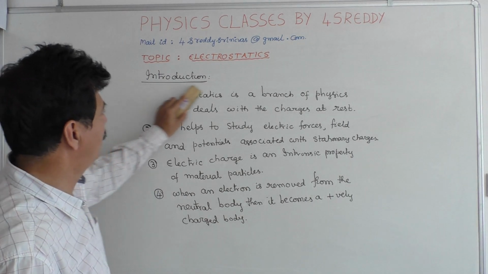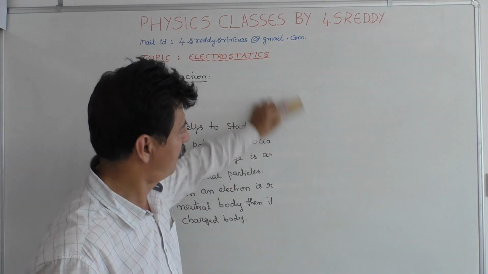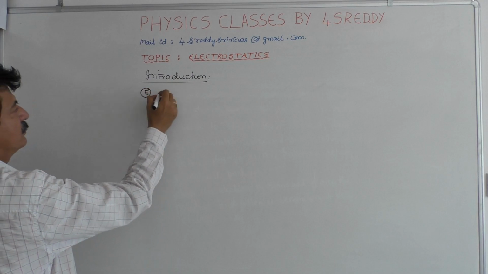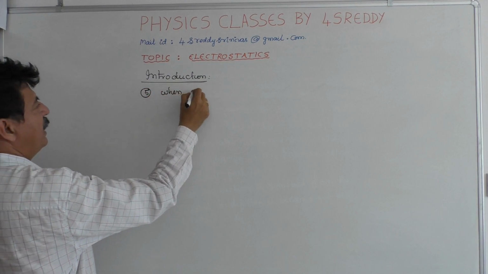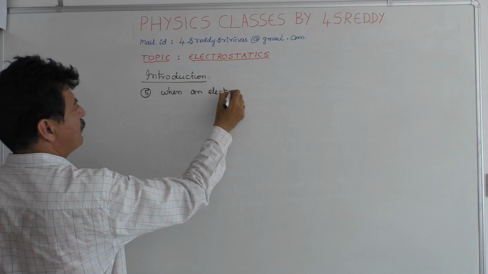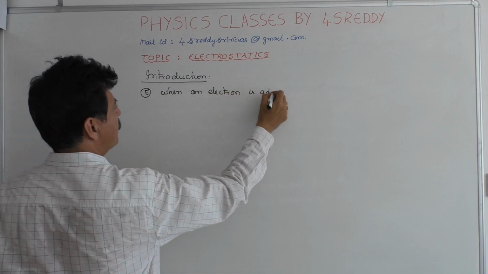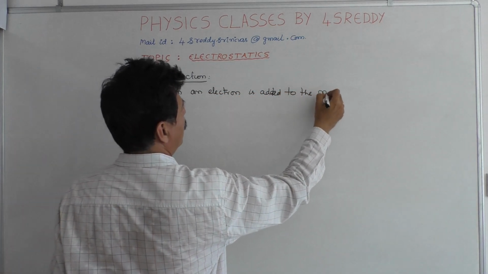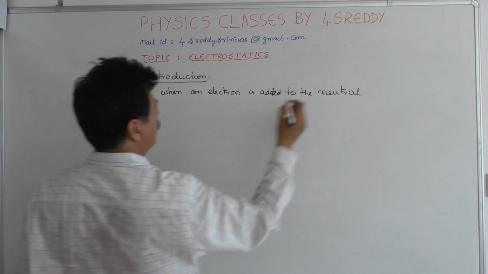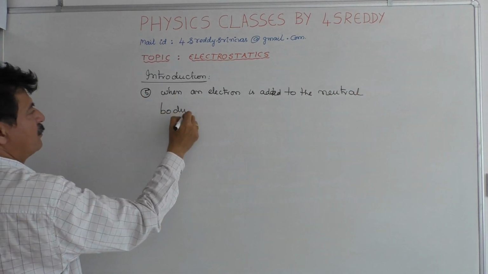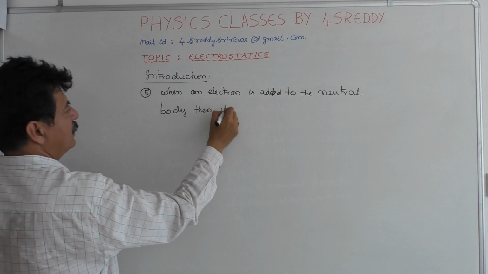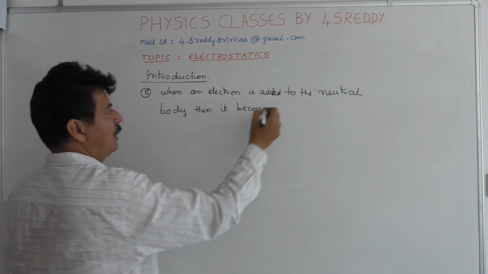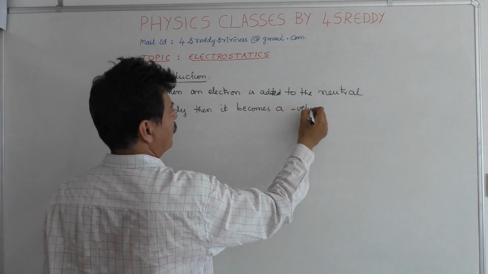And point number 5, when an electron is added to the neutral body, then it becomes a negatively charged body.